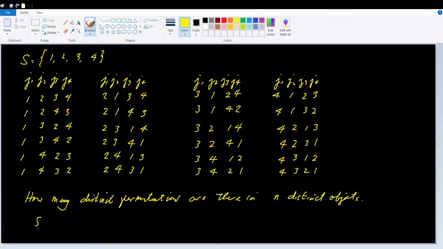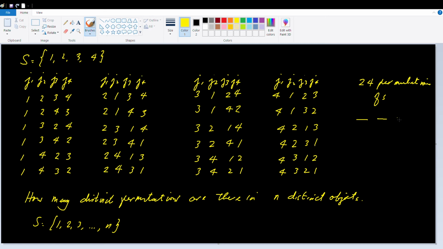So your S here is 1, 2, 3, up to n. For S equal to 1, 2, 3, 4, there are 24 permutations of S.